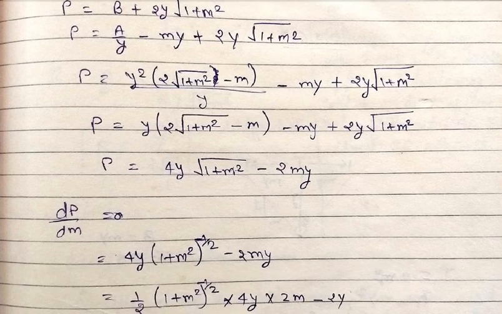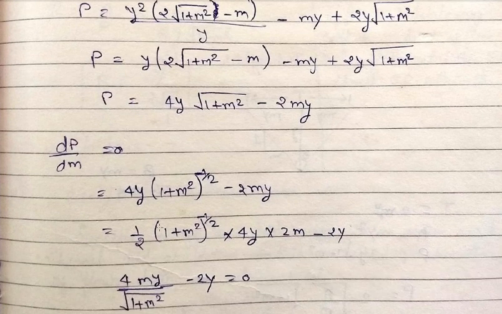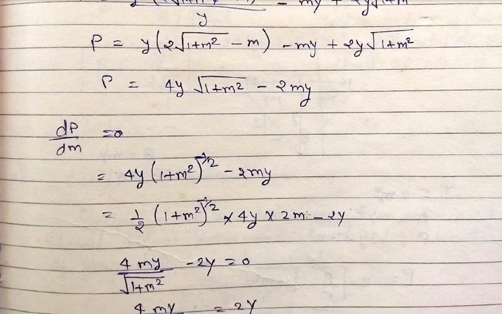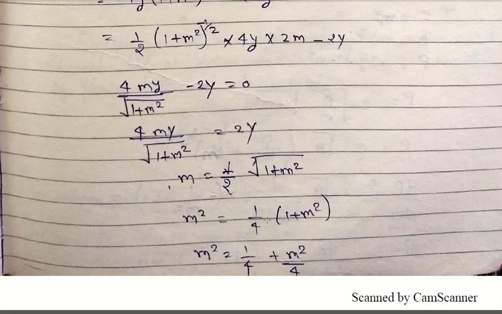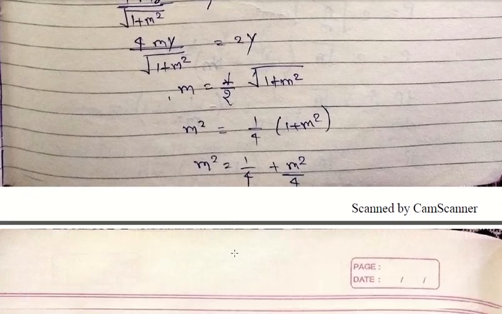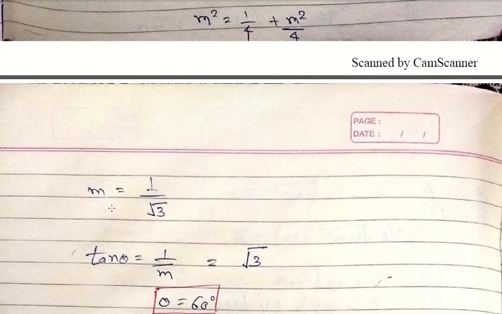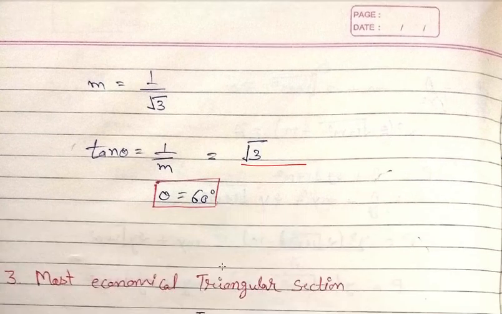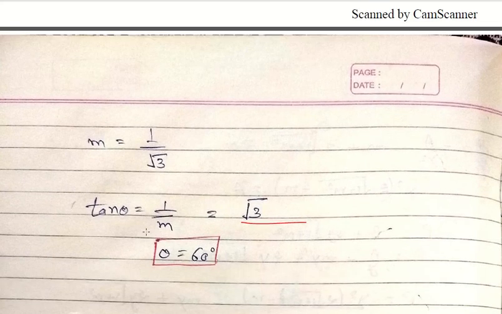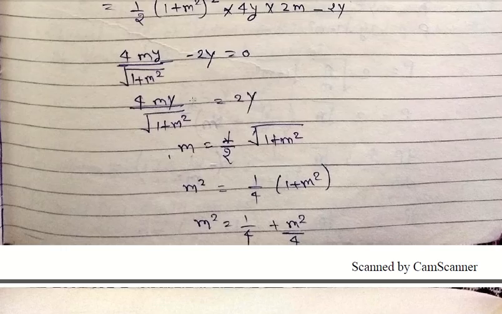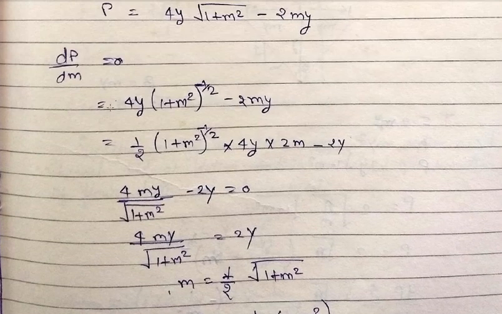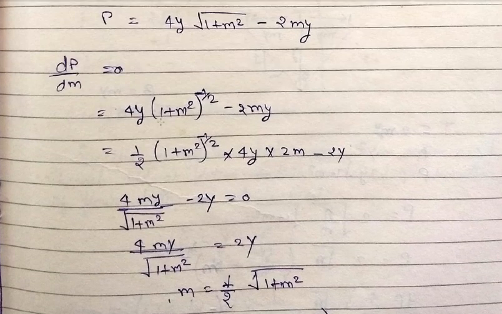Now m is variable, so we differentiate with respect to m, so it will give the relation that m is root of 3, that means theta equals 60 degrees. So here from the third relation, here is the differentiation with respect to m, and the inputted value equals 0.